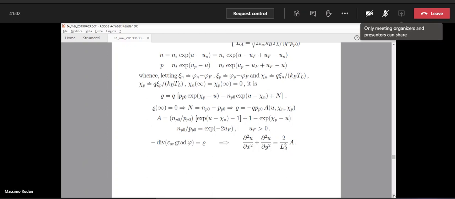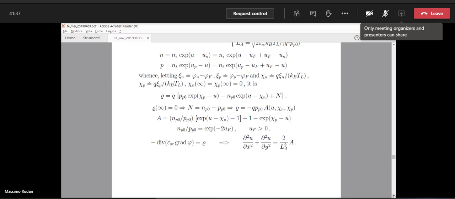Now we introduce the simplification that we discussed above. You remember, when we are in the condition of a well-formed channel, we have that the vertical component of the field is very large, and the horizontal component of the field is small. So the variation in the horizontal component of the field across the elementary strip dy is negligible.